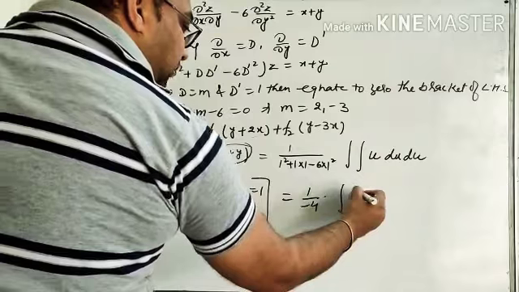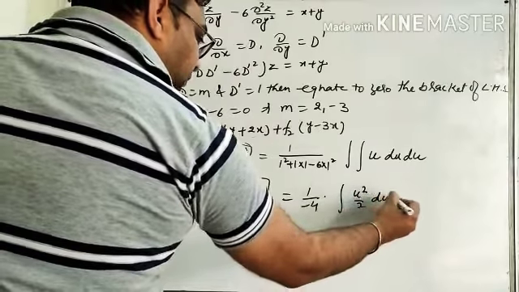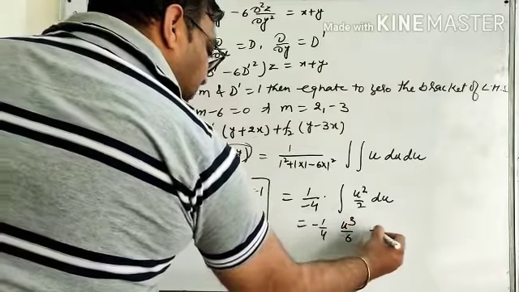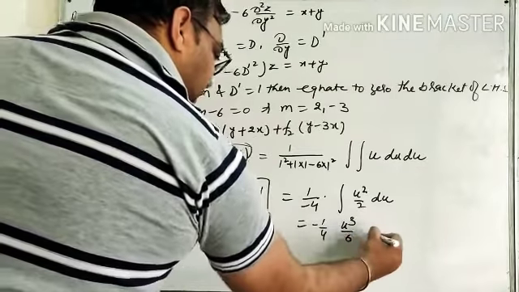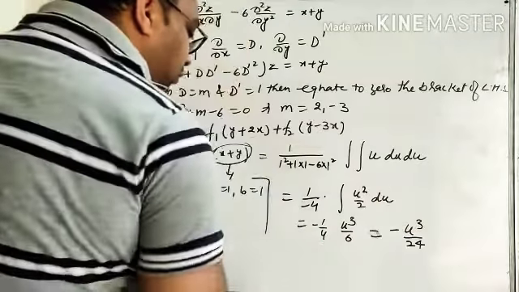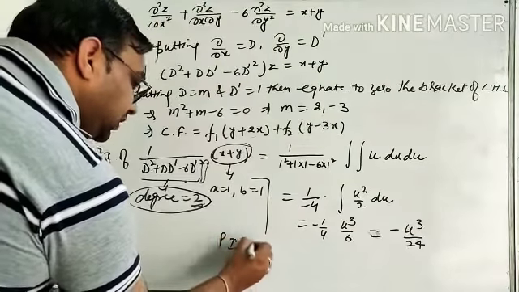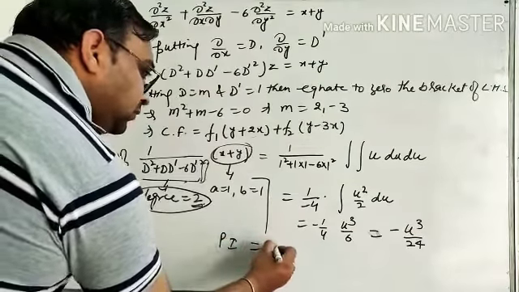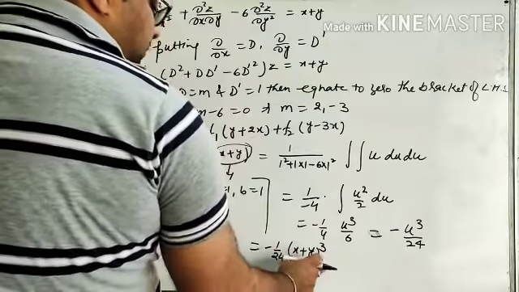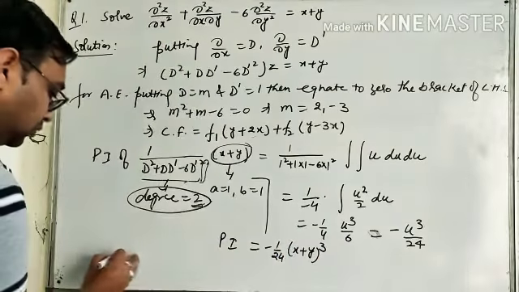First time integration of u is u square by 2 du. Again integrating, minus 1 upon 4 into u cube by 6, or we can write it as minus u cube by 24. What is the value of u? x plus y. So PI equals minus 1 upon 24 (x plus y) whole cube.